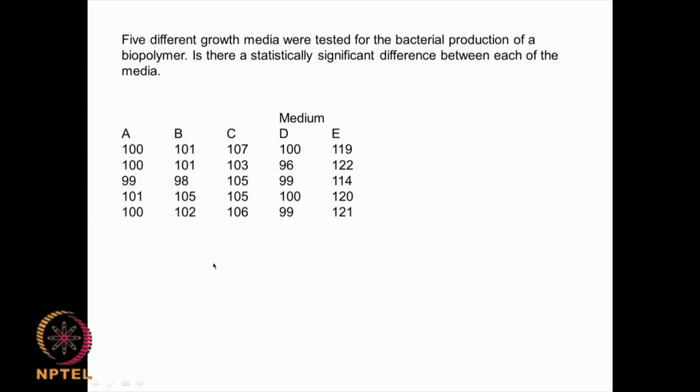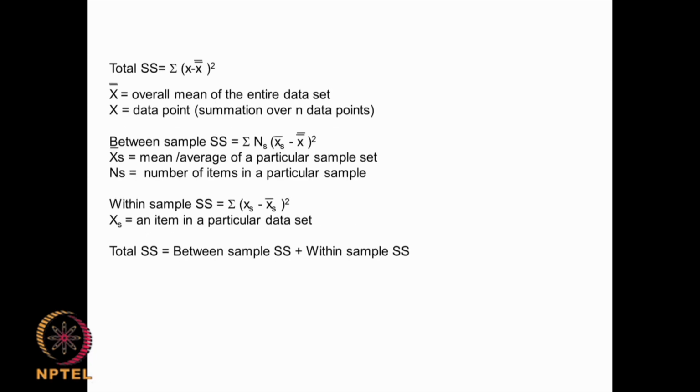Then when you add up, that will give you sample sum of squares. We have 5 sets of samples or 5 sets of groups or 5 sets of independent variables tested. So, in this particular case we are going to multiply by 5. So, for each one of them there is going to be an average, and then you subtract from the total overall average, square it up.